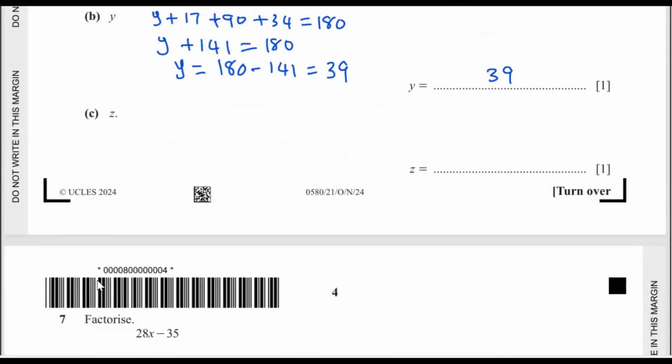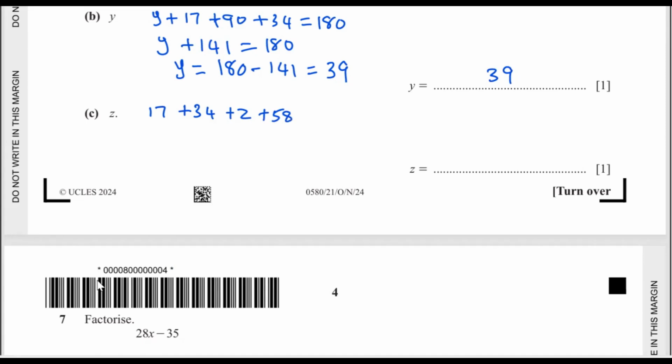So if I want to get that z, I will add 17 to 34, plus z, plus 58, which is the value of s.